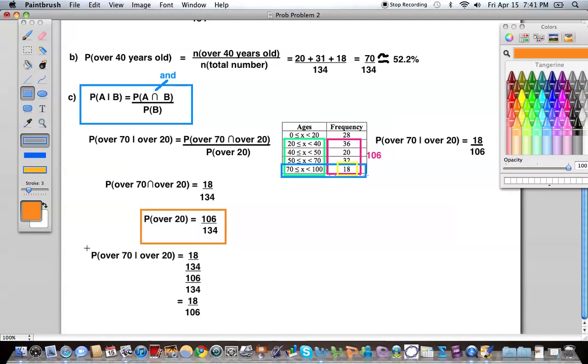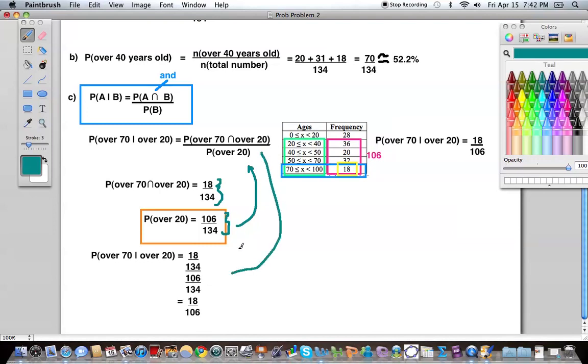Well, we can plug this information into the formula that we wrote down. Once we do that, we find 18 divided by 134, divided by 106 divided by 134. Here you will find that we end up with 18 divided by 106.